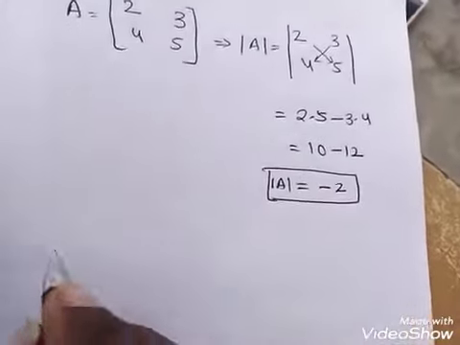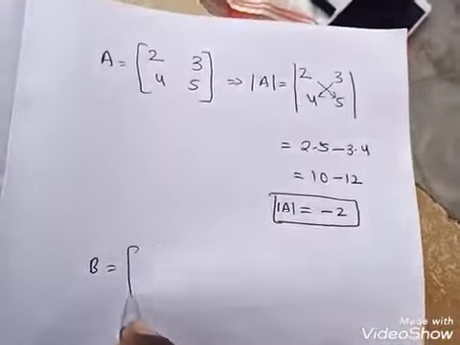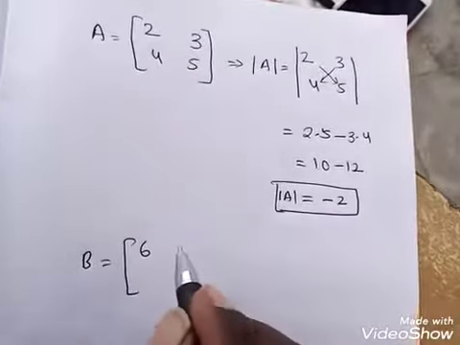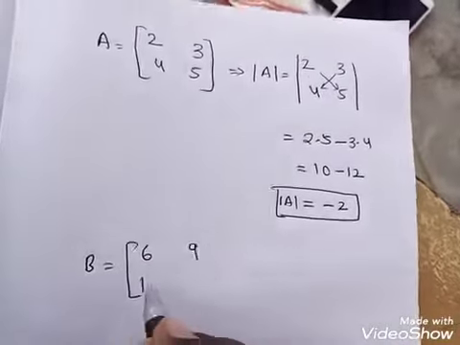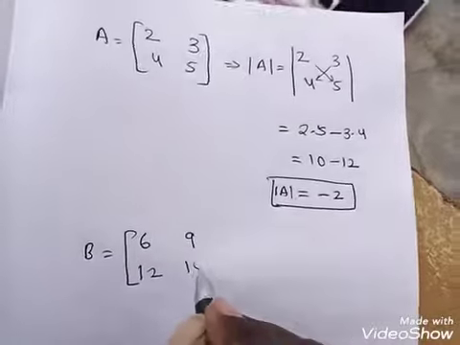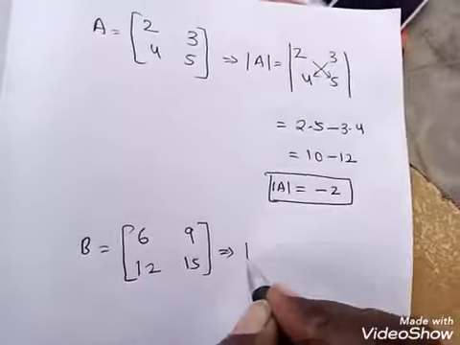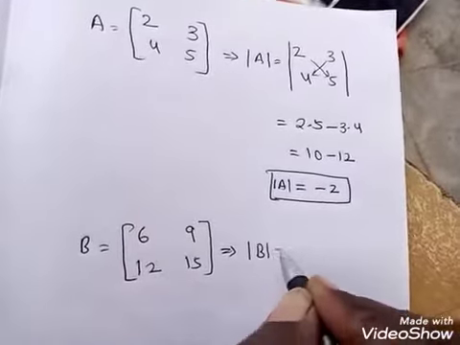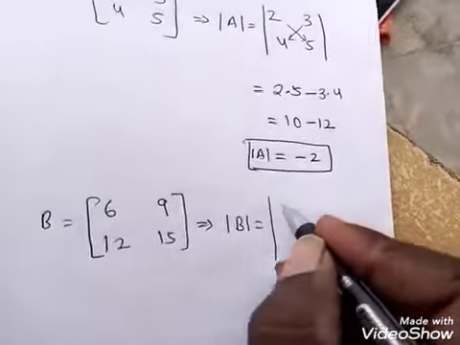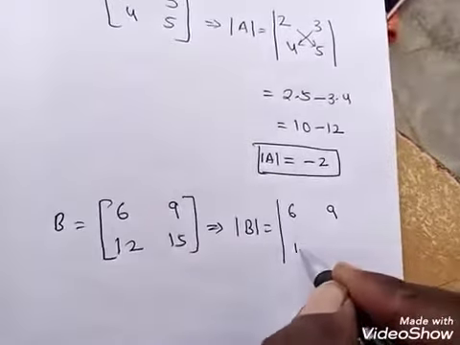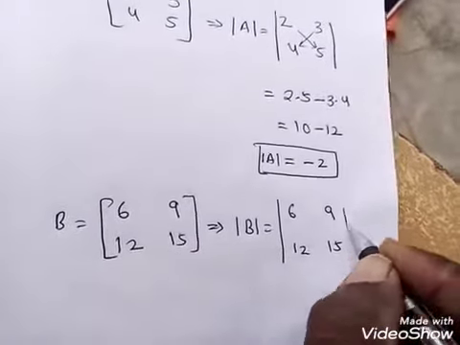Next I am taking another matrix B, that is [6, 9; 12, 15]. Now here, observe, det B is equal to det of [6, 9; 12, 15].